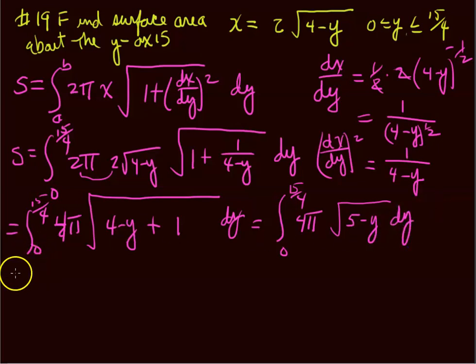Okay, once again we're going to run into space issues here, but in order to find the antiderivative, I'm going to let u equal 5 minus y. Then du is equal to a negative dy. Well, I don't have a negative dy, so I'm going to need to put the negative over here in the du.